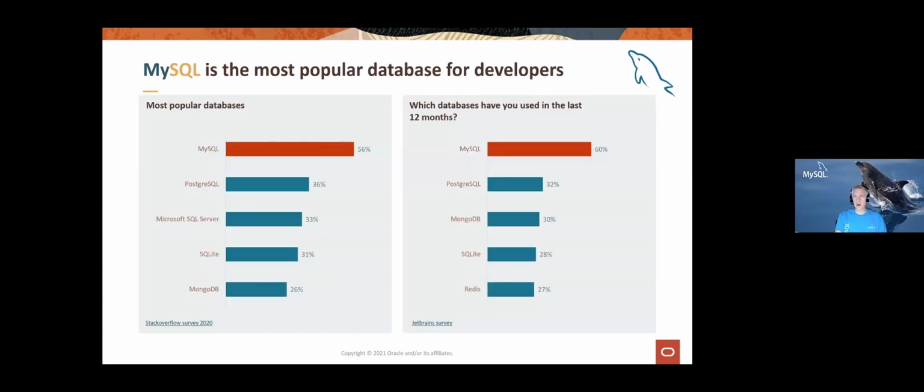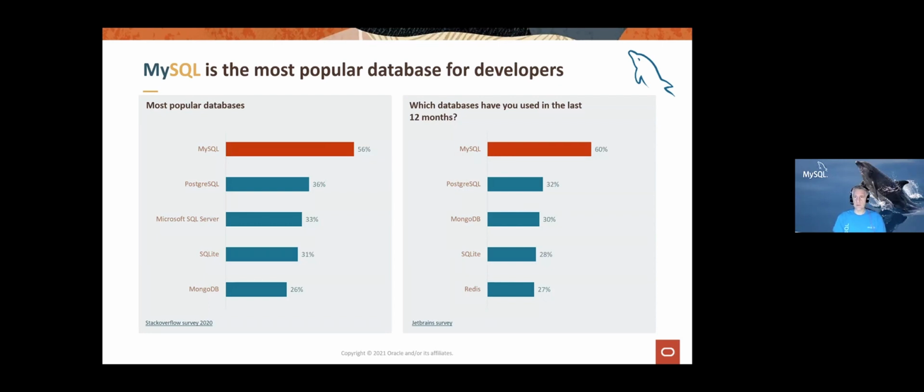But before going to the cost, I just want to mention also that the MySQL database, being open source and being available basically everywhere, is a very popular database. And this is a survey in 2020 of popularity of databases, and you can see that MySQL remains the number one popular database.